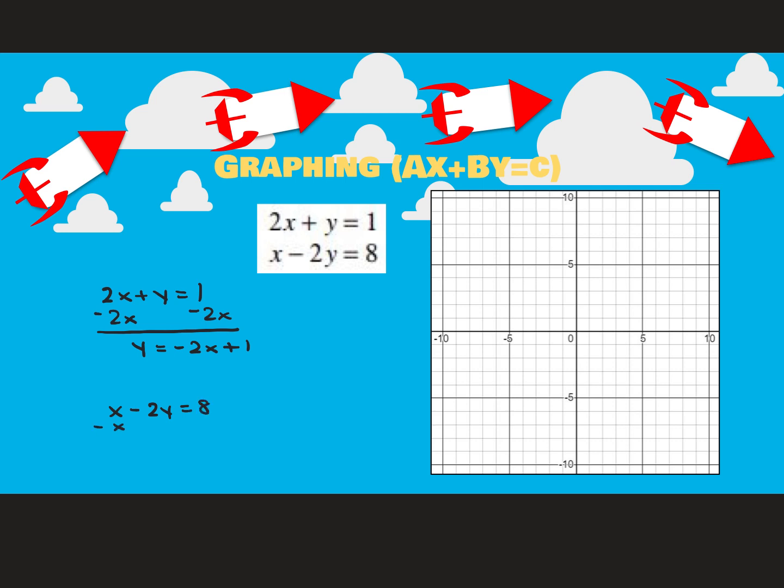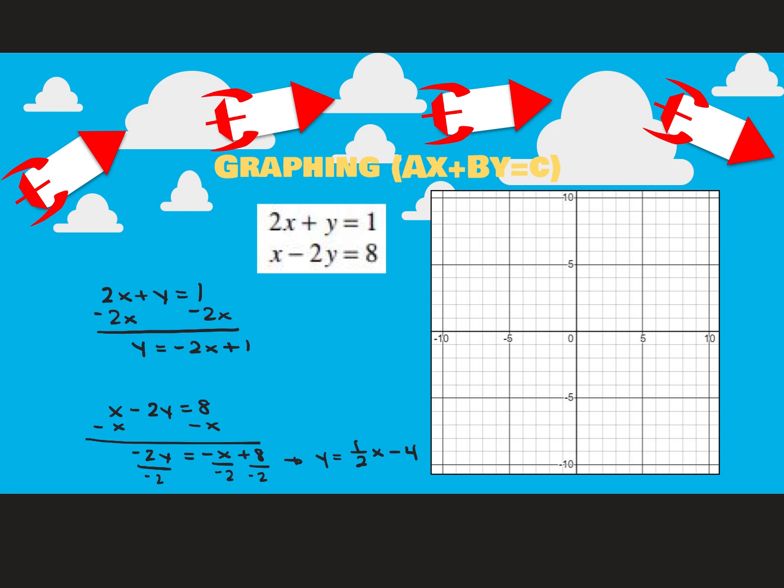I'm going to subtract x from both sides. -2y is equal to -x plus 8. Divide both sides by -2. So I have y is equal to 1/2 x minus 4. All right, so those are my two equations.